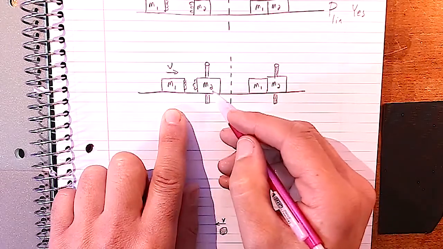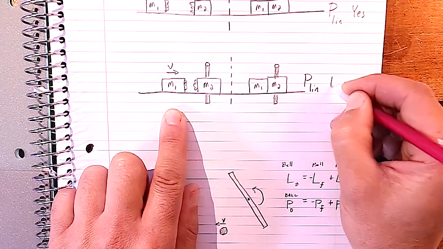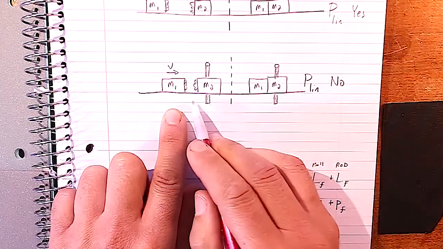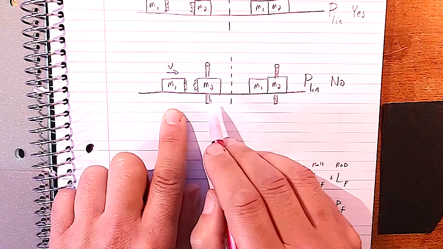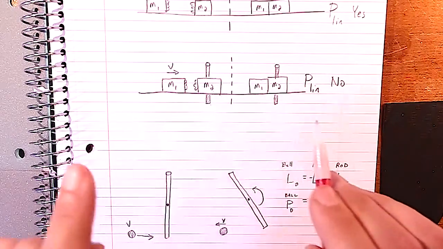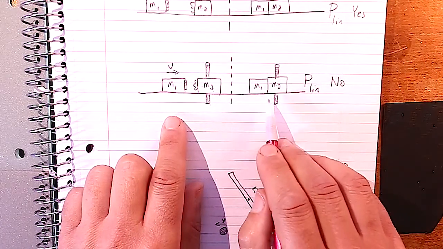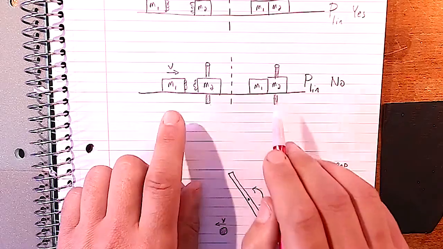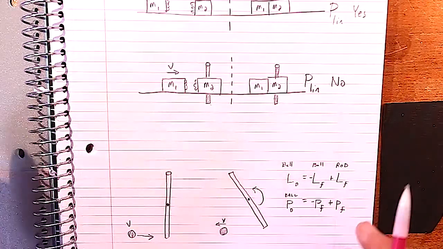When this block hits, is linear momentum conserved? Well, the answer is no. And why not? Because this rod exerted a net external force. I'll say it again because it's important. Linear momentum is conserved when there's no net external forces. Angular momentum is conserved when there's no net external torques.